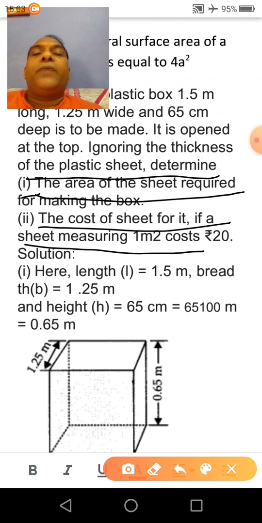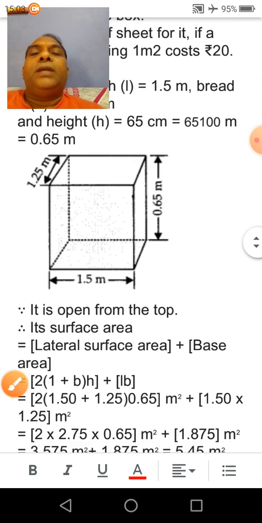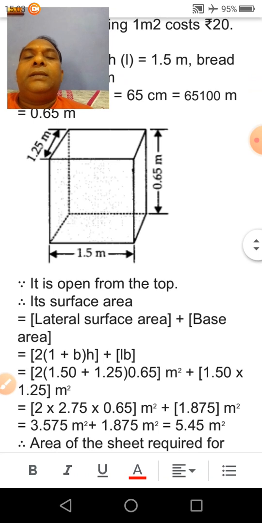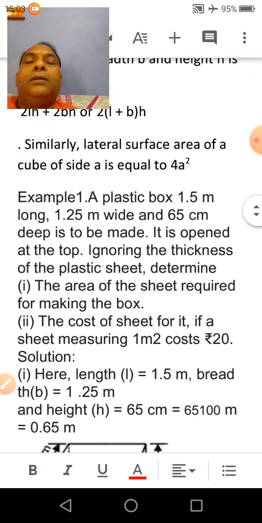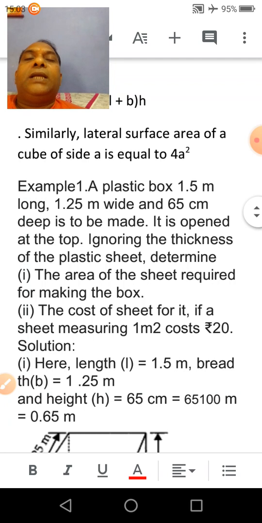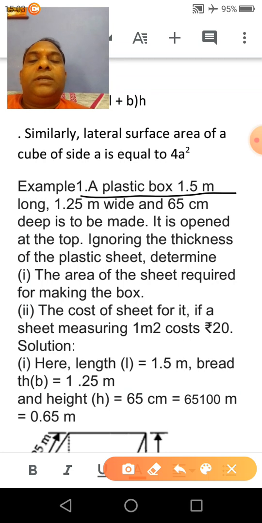So firstly, in first part we have to find area of the sheet required. It means we have to find surface area of the cuboid. We know that in this question we have to find area of sheet to make a plastic box.